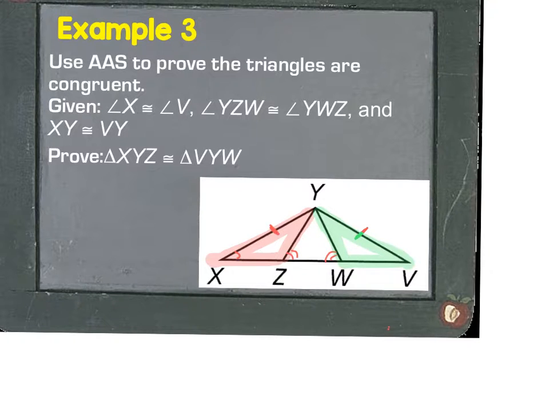Oh, I didn't mark this one. Wait, I'm missing an angle. So you're saying we have to identify the type of triangle first? Wait, X is congruent to V. This is what I'm missing. Oops. Can't you use angle side angle for this? You'd have to know all, so 2 pairs of sides and 1 included angle.